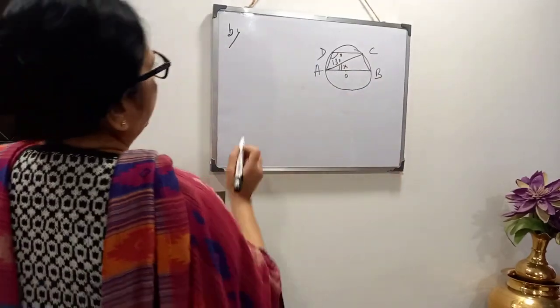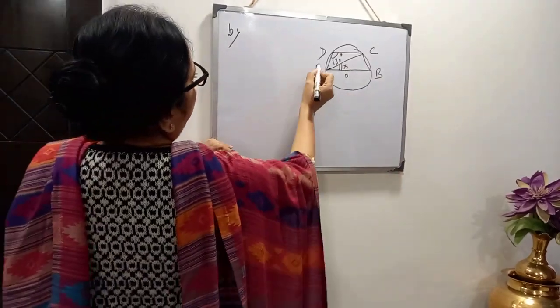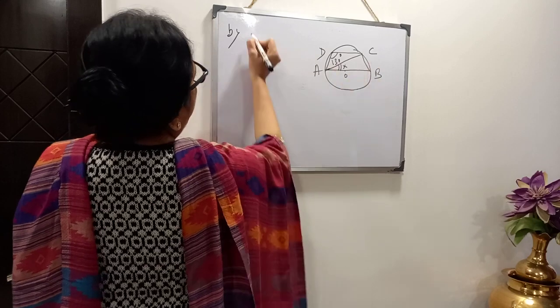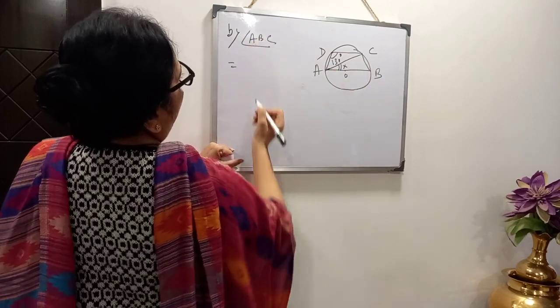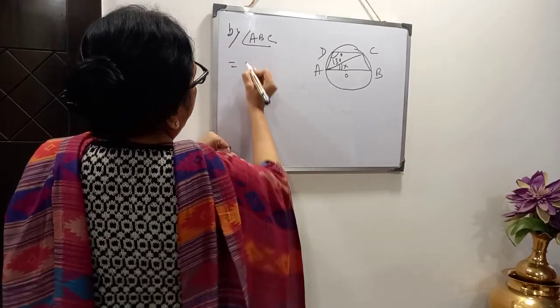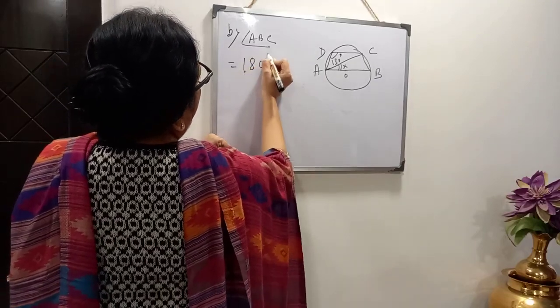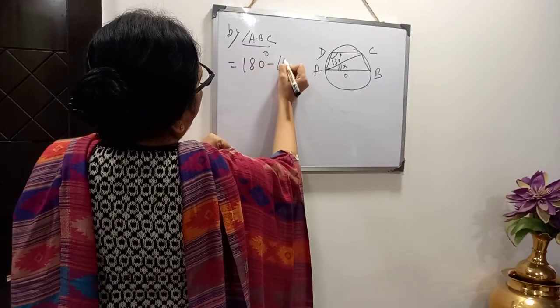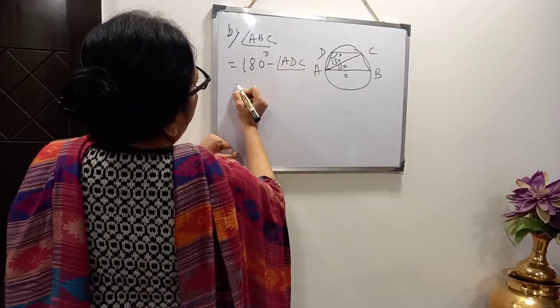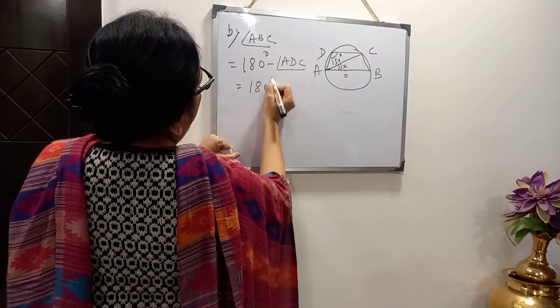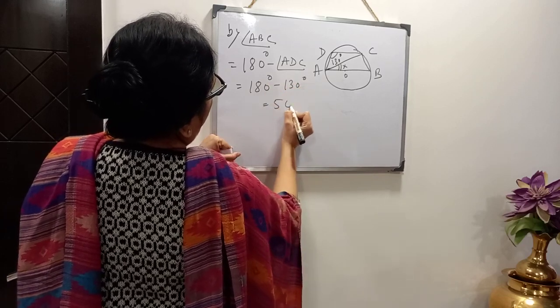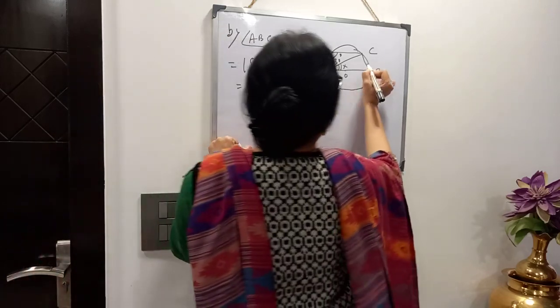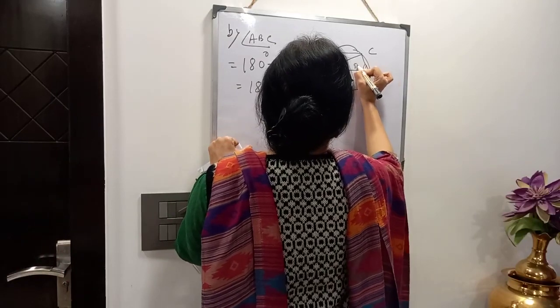You know ADC is 130. So what will be your ABC? ABC will be 180 minus ADC. Now you can calculate yourself also. So 180 degrees minus 130 degrees is 50 degrees. So we have got this 50.